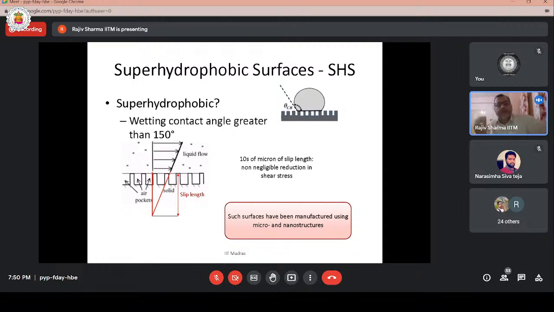So super hydrophobic surfaces have a wetting contact angle which is greater than 150 degrees. Think about the air pockets, think about the solids, and think about what is called slip length. Tens of microns of slip length is this, and you will have quite large numbers. They will result in non-negligible reduction in the shear stress.